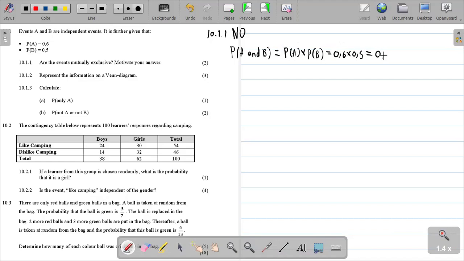So it's going to be 0.3. So it's not equal to 0. So the probability of A and B is not equal to 0. So the two are not mutually exclusive.